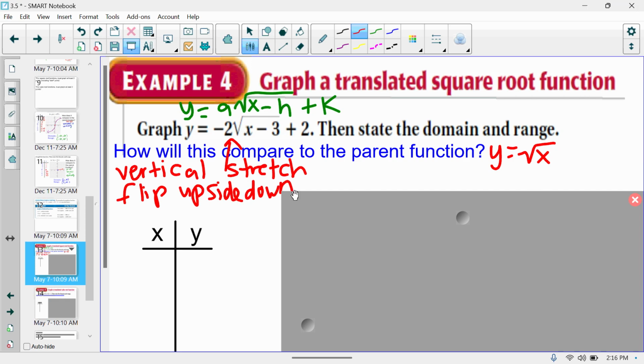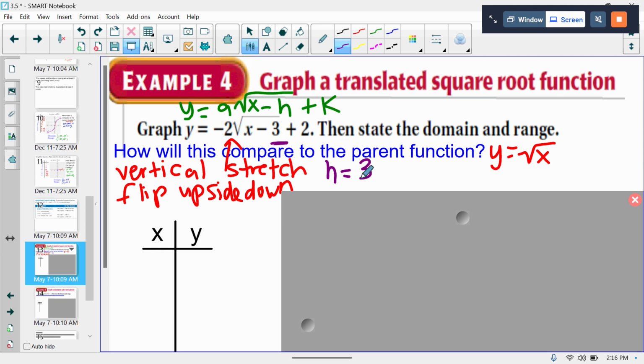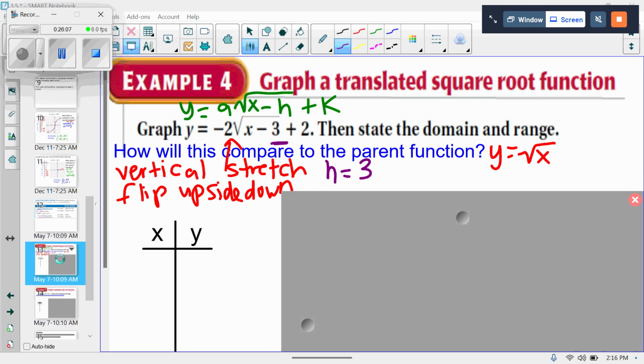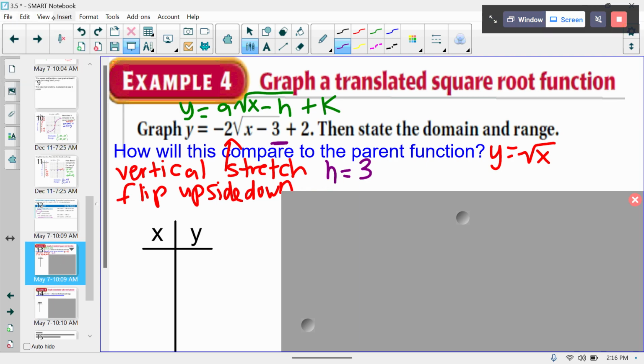Okay, now let's look at this number next, which is h. So h, you have to be careful, guys. It's positive 3. Again, what I was starting to say is sometimes people look at this and they think h is going to be negative 3, but you have to remember that the formula has a minus sign.